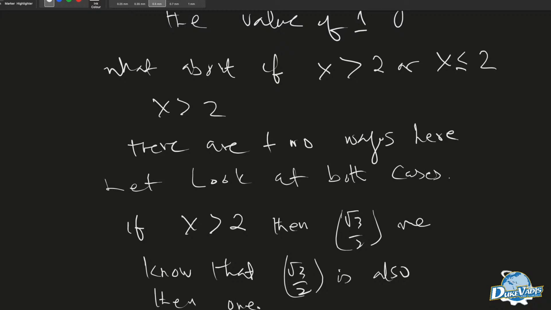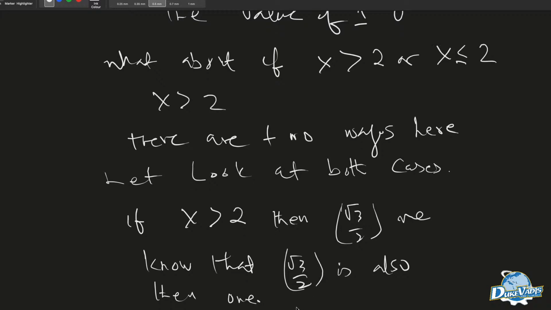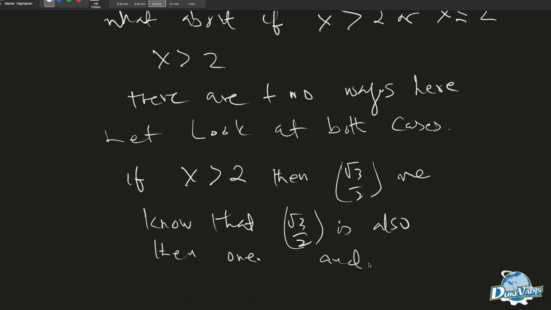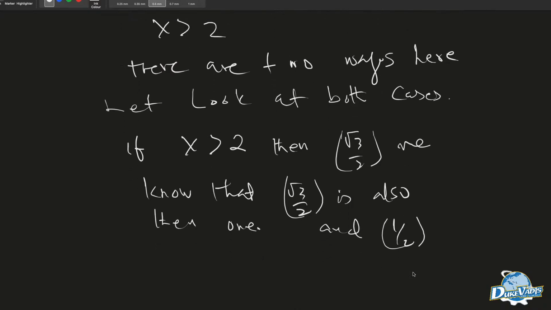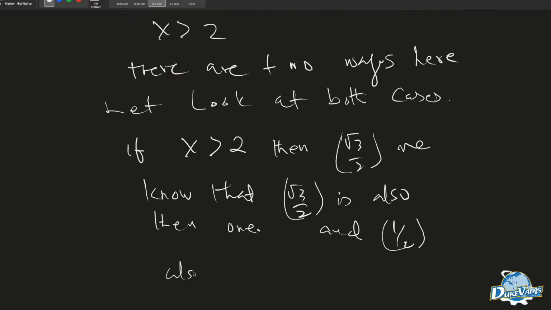You see that when we square both root 3 over 2 and a half, the value will be less than 1.